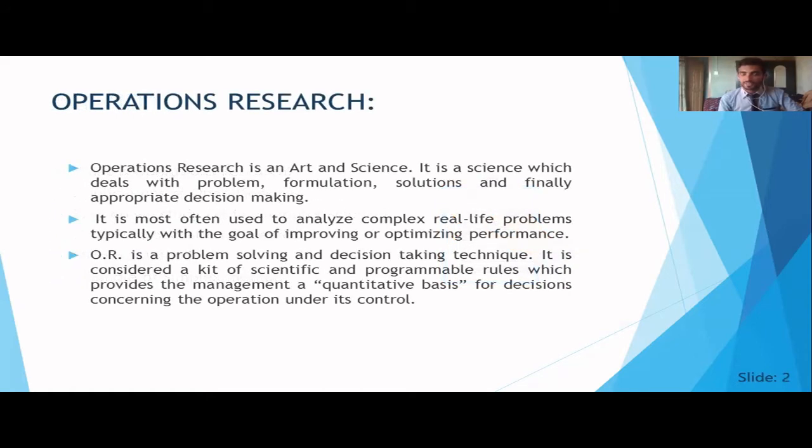It is an art of science. It is a science which deals with problem formulation, solution, and finally appropriate decision making. Operation research (OR) is an analytical method of problem solving and decision making that is useful in the management of organizations.